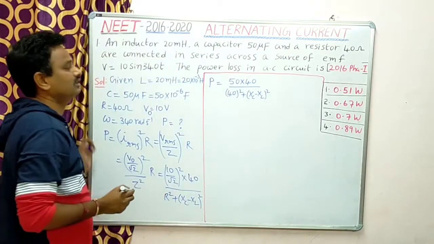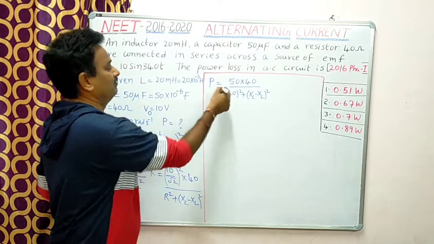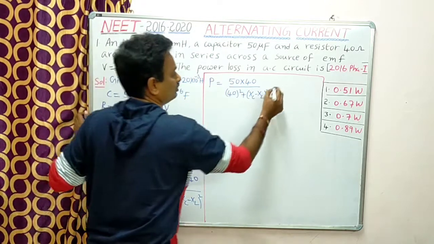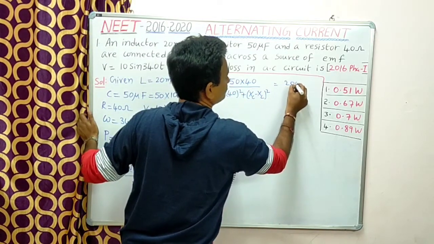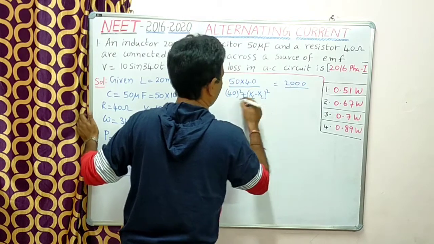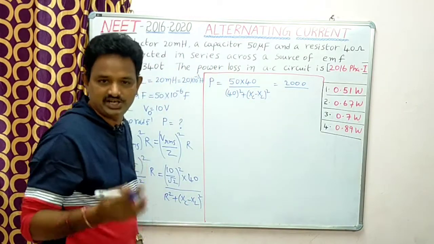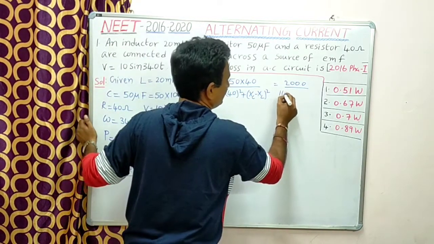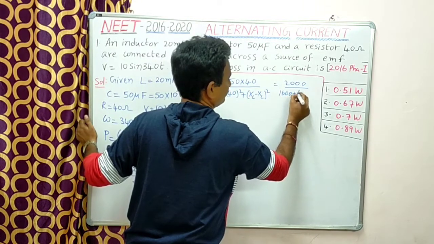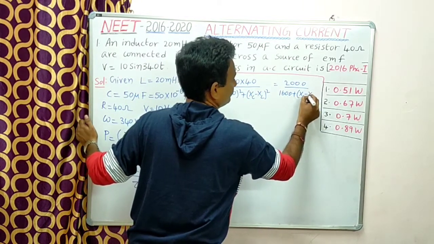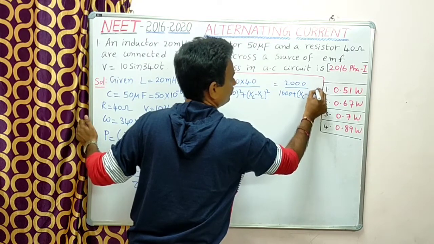Here 50 into 40 means 2000, by 40 square means 1600, plus XC minus XL whole square.